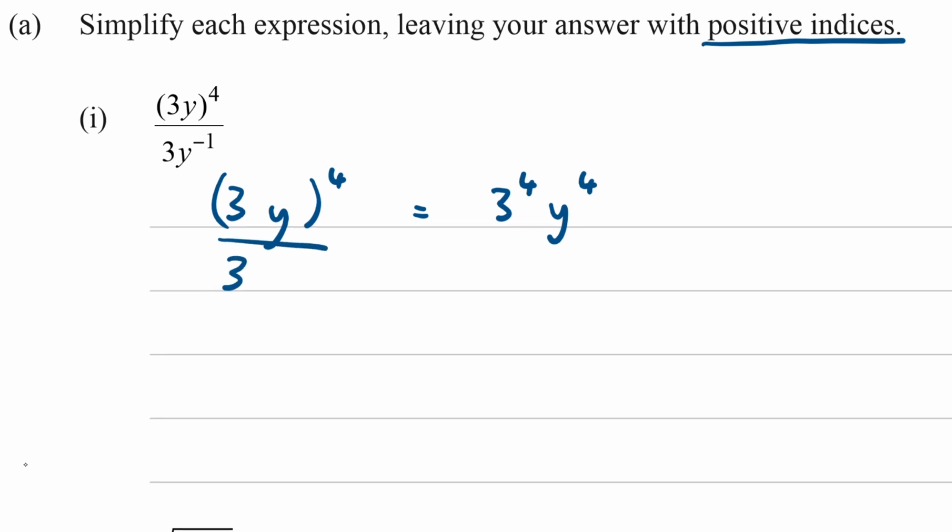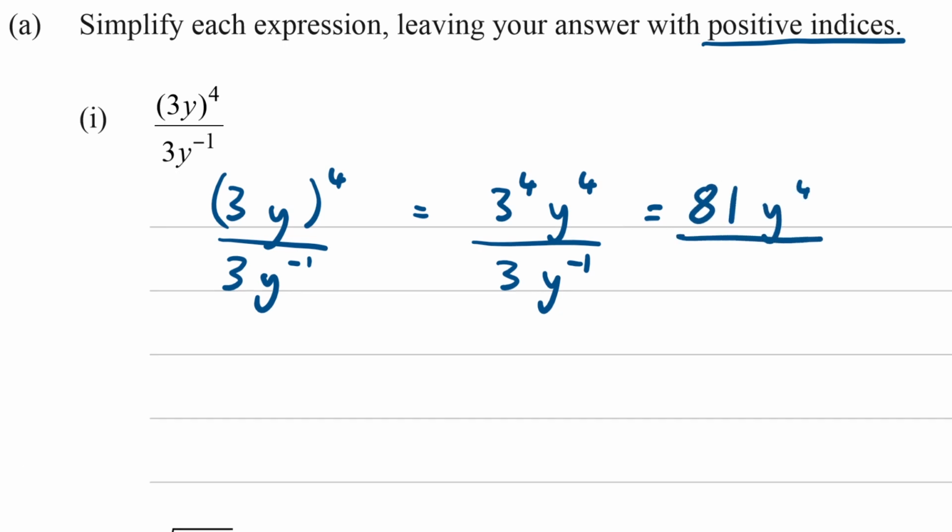And now let's just keep the denominator the same. Now 3 to the power of 4, 3 times 3 times 3 times 3, which is 81. You can use your calculator to check. Everything else stays the same.